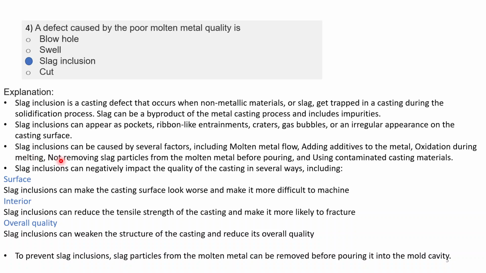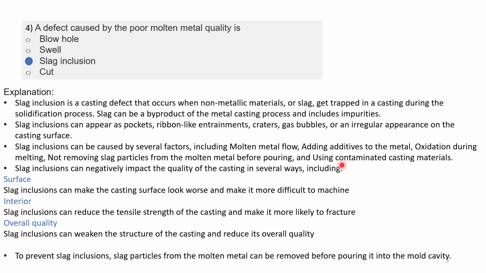Slag inclusions can be caused by several factors including molten metal flow, adding additives to the metal, oxidation during melting, not removing slag particles from the molten metal before pouring, and also using contaminated casting materials. While melting your material, you sometimes use scraps.